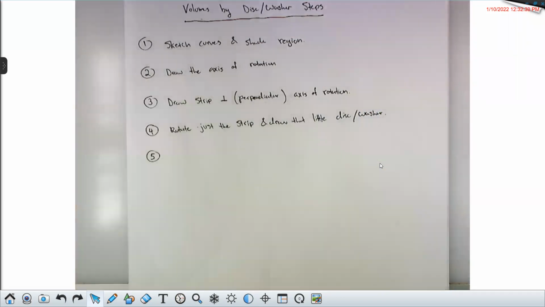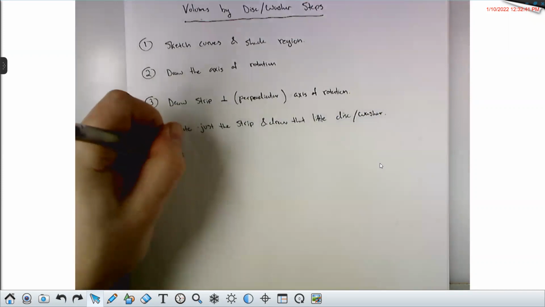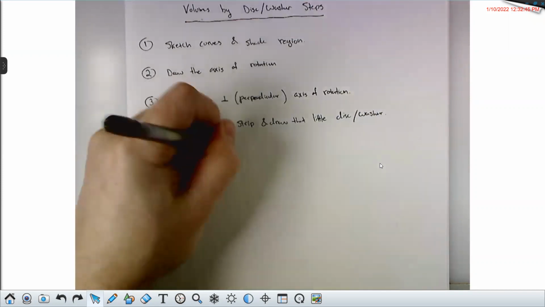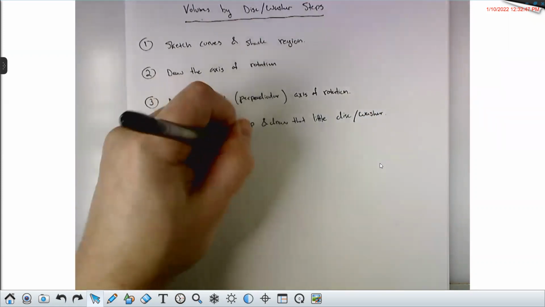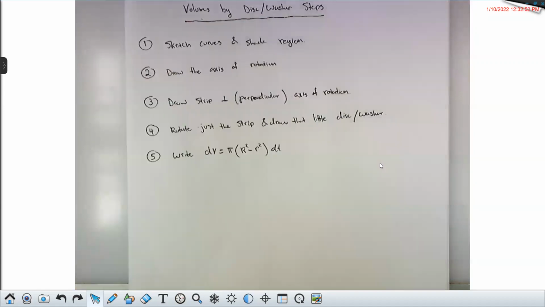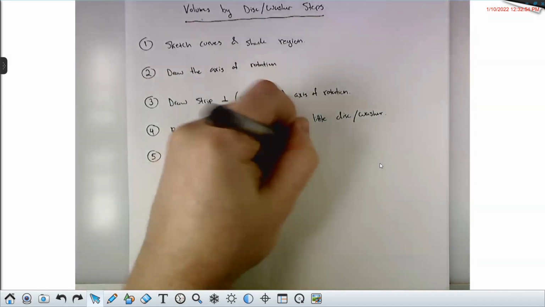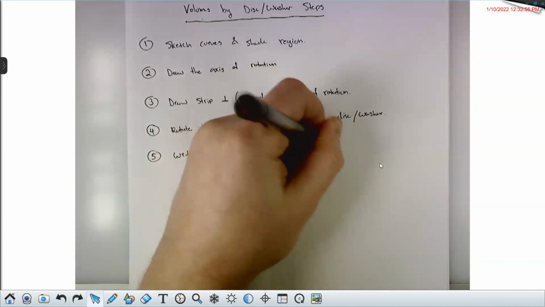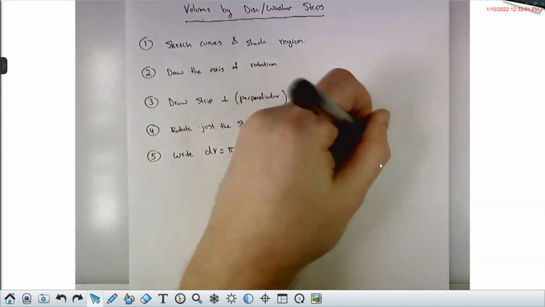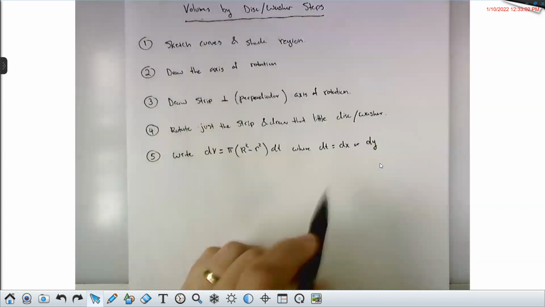Step 5, write dV equals pi times big R squared minus little r squared dt, where dt is either dx or dy. So far, everything we've seen is dx.